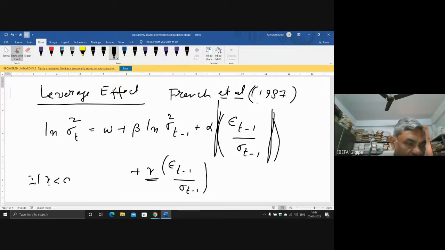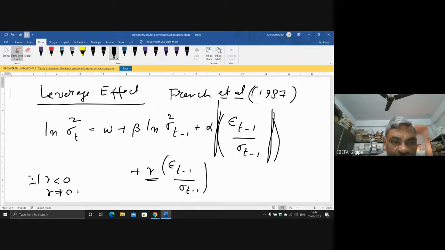If gamma is not equal to 0, the impact is asymmetric. If gamma is less than 0, please note, the leverage effect is present.